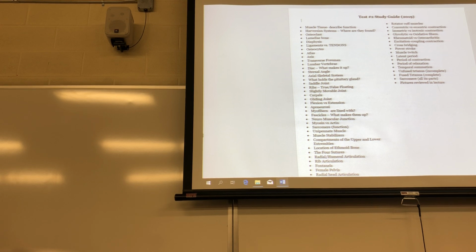What coats the bone? What's the outside layer of the bone? What fibrous connective tissue lines the bone? Periosteum. So the periosteum twines around the tendon and glues it right to the bone. They grow together.